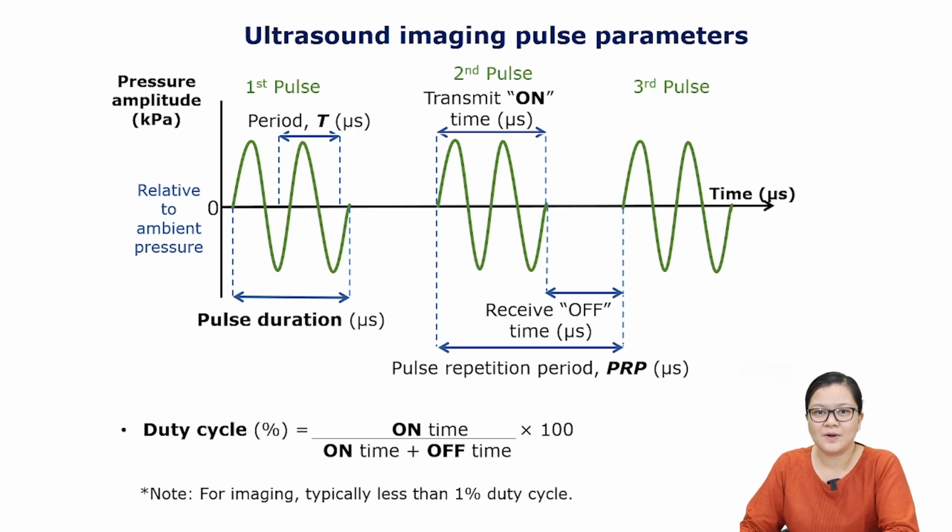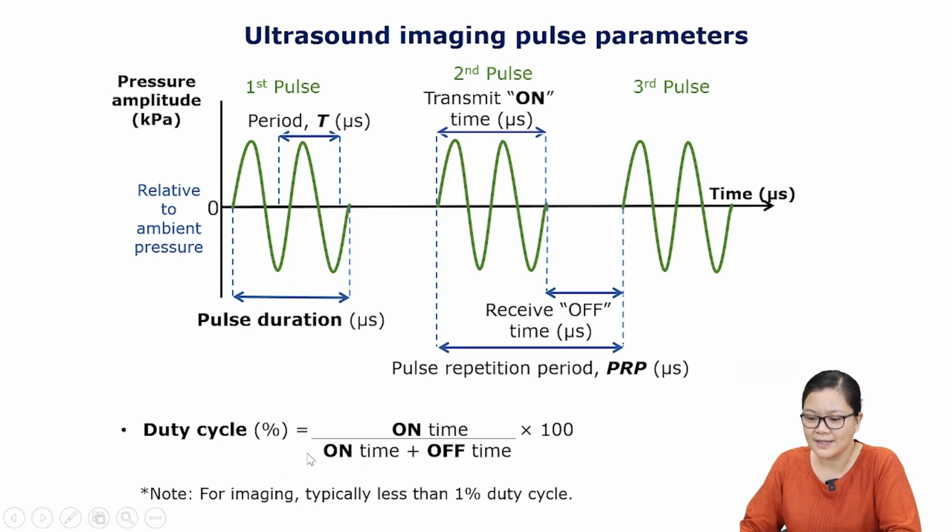There will be a time where the echo of ultrasound needs to come back, which means that a pulse going to the tissue should not be interacting with the ultrasound that is coming back. So the transmit is off during this time right here. This is the time with which the echoes of the ultrasound will be received back to the transducer.